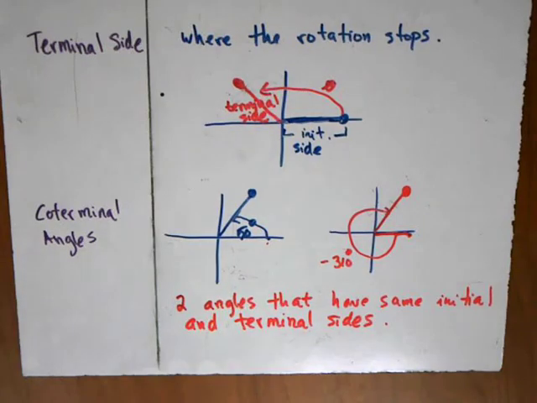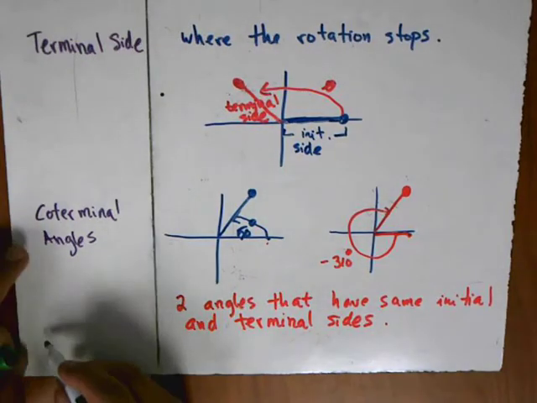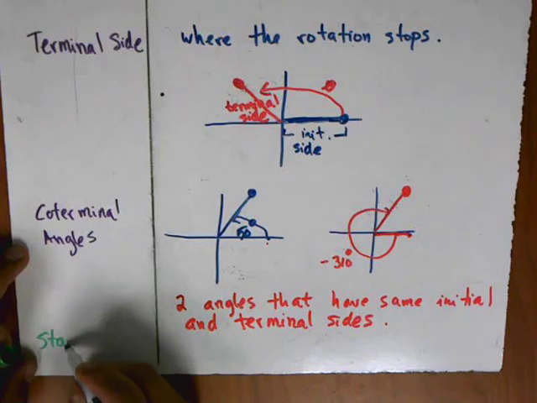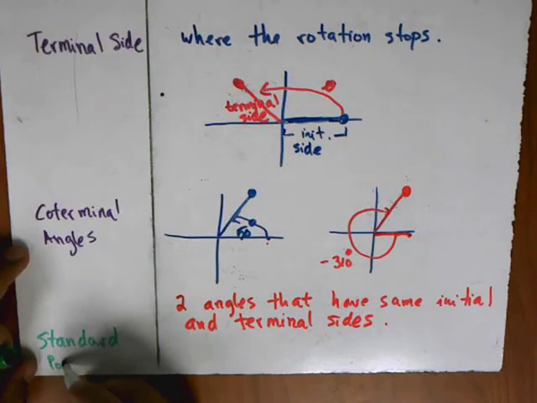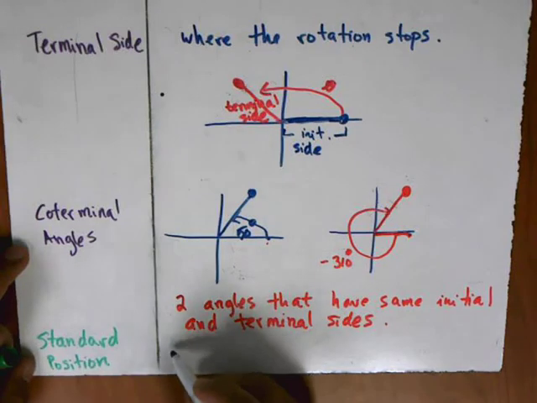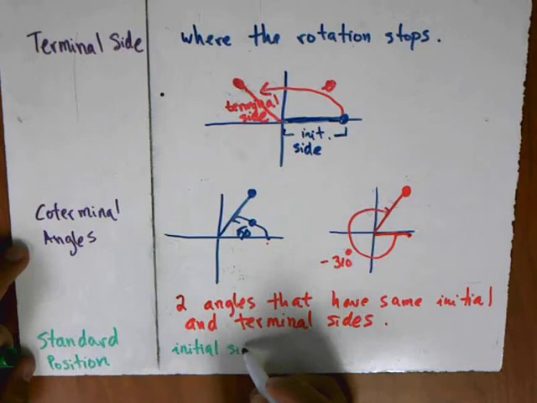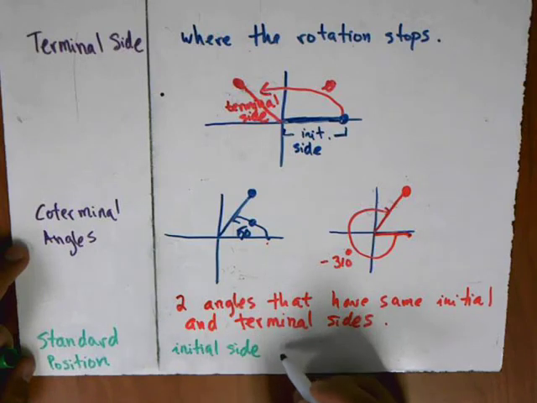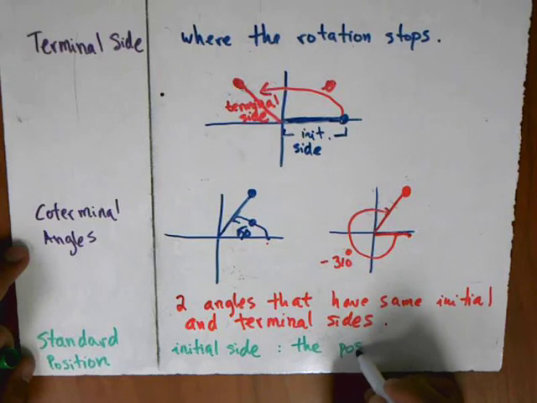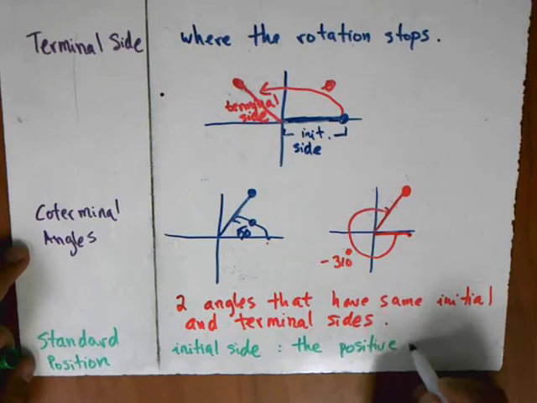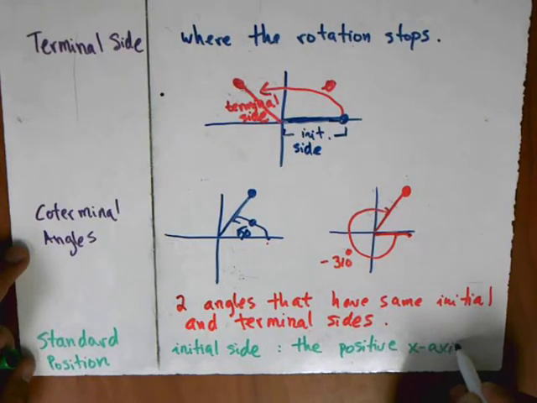Okay. And at this point, I need to make a clarification about standard position, because the initial side can be wherever we want, but the standard is to always make the initial side the x-axis. So the initial side is more often than not the positive x-axis.